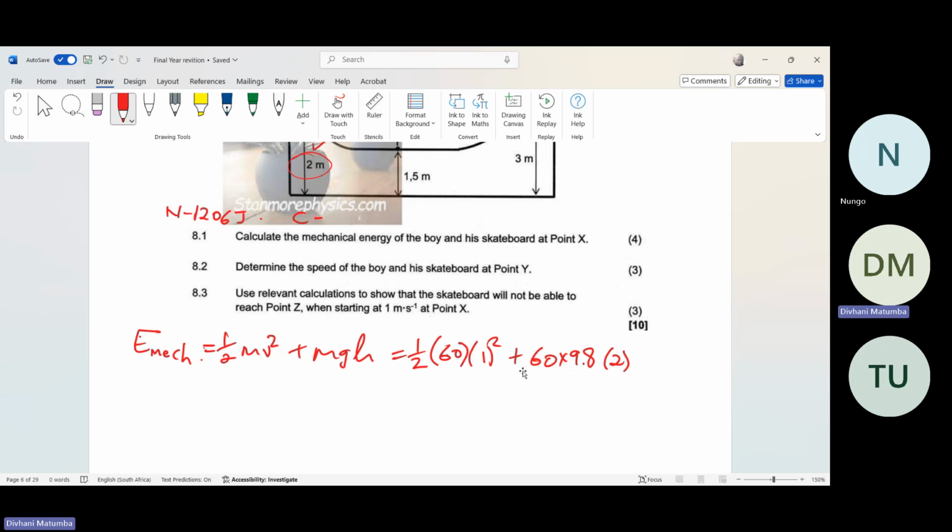If I use my calculator: 1/2 times 60 times 1 plus 60 times 9.8 times 2, I'm getting 1,206, which is correct.